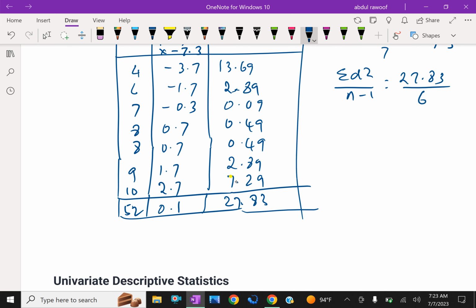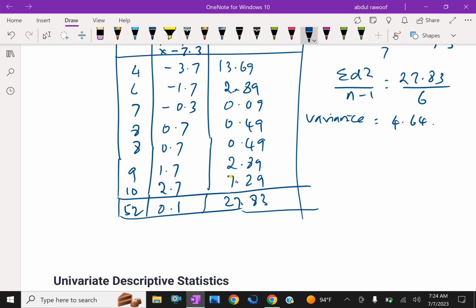So 27.83 divided by 6 equals the variance, 4.64 approximately.